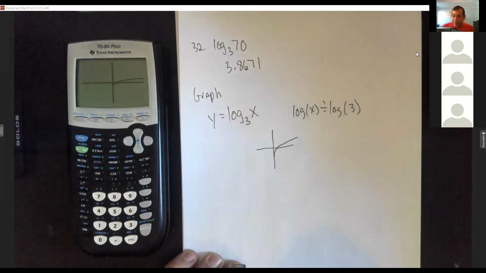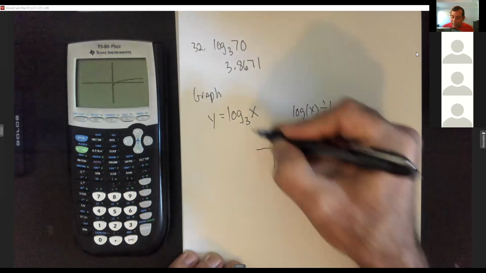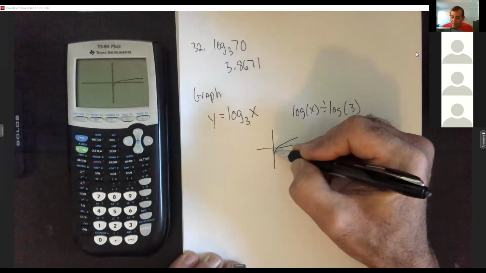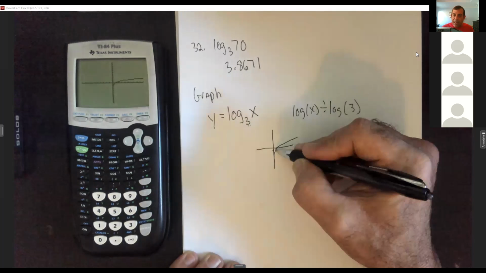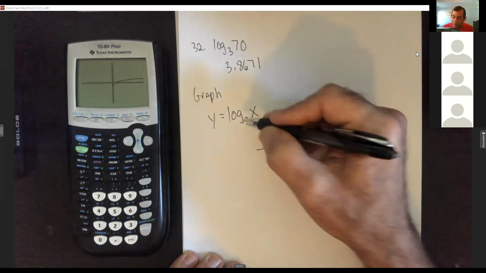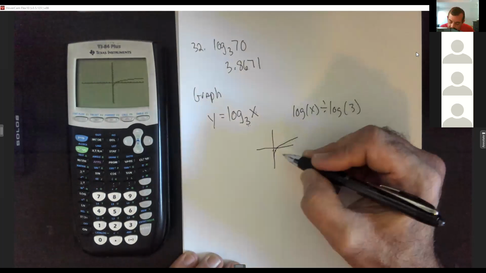And that makes sense. For a 3 to turn into a 1, the exponent has to be negative. When x is 2, for 3 to turn into a 2, the exponent's still negative. But when you get a 0 here, where am I crossing? Yeah.